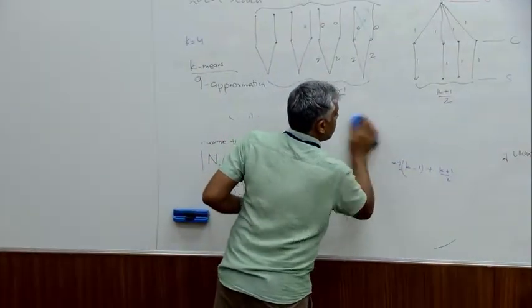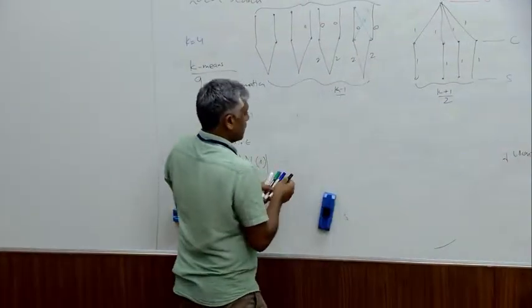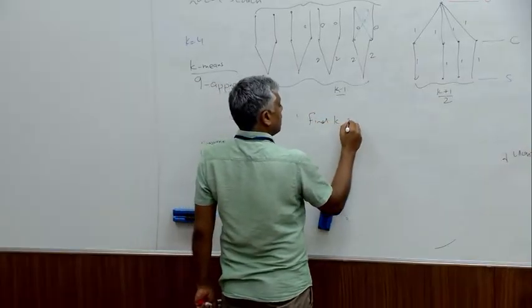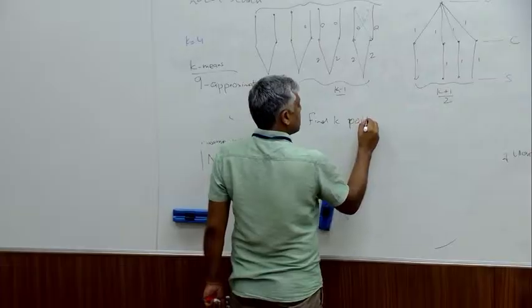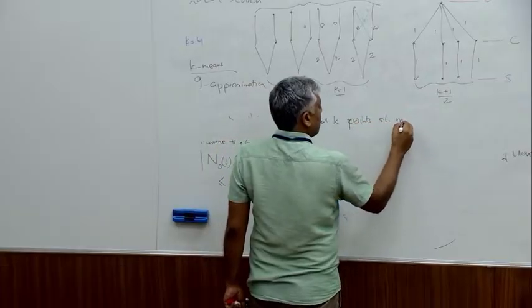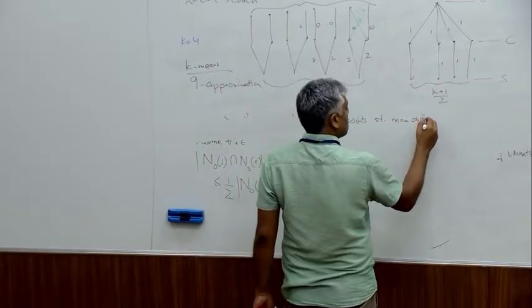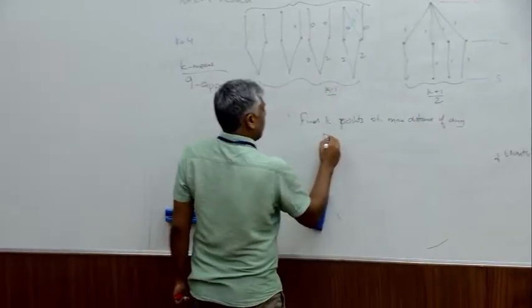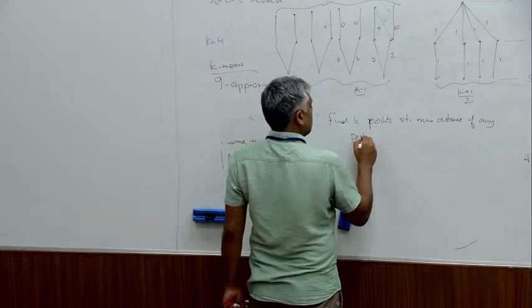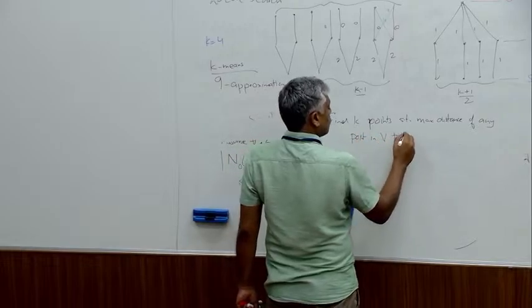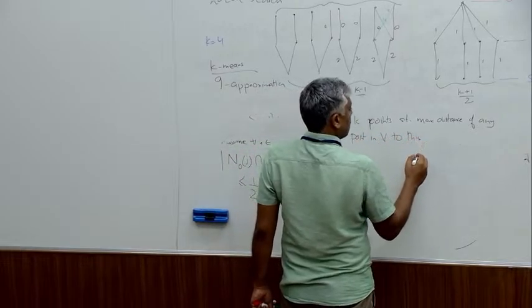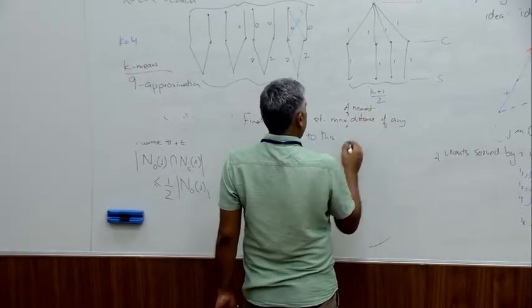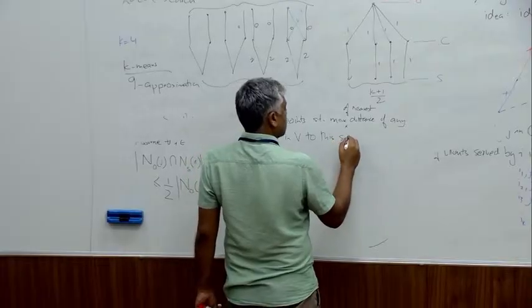So here, find k points such that the max distance of any point in V to the nearest point in this set is minimum.